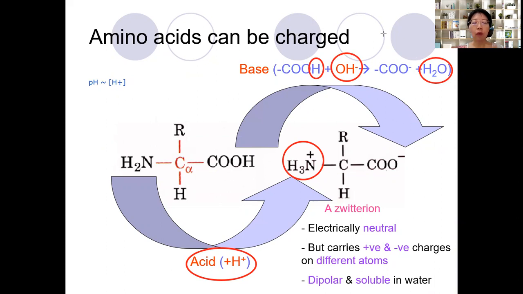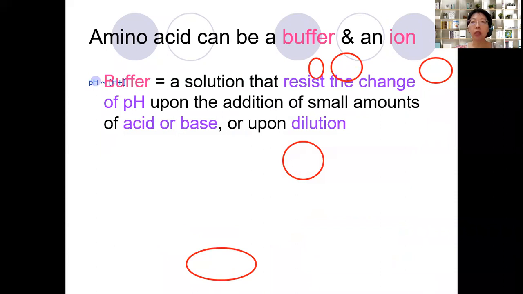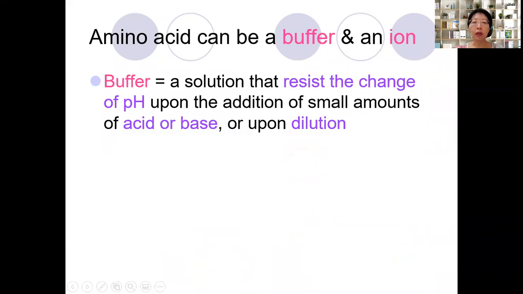So because of that, whenever you add a small concentration of acid or base to the amino acid solution, there will be no change in the pH. So therefore, amino acid is considered a buffer solution. Again, a buffer solution is a solution that resists the change of pH upon the addition of small amounts of acid or base, or upon dilution.